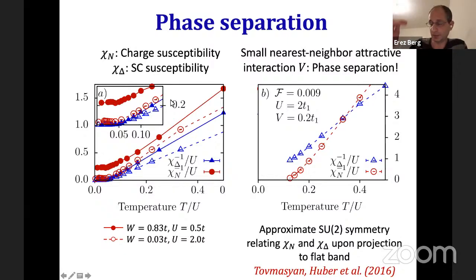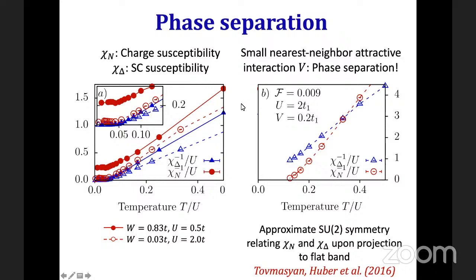Presumably the first thing that would happen is that the bands would no longer be flat. The flat band condition here is finely tuned. So if you start changing the second neighbor hopping, even before you lose the Chern number, the bands would broaden. To some degree, we looked at the beginning of this process, what happens if the bands become broader, but we didn't go all the way. Okay, thank you.